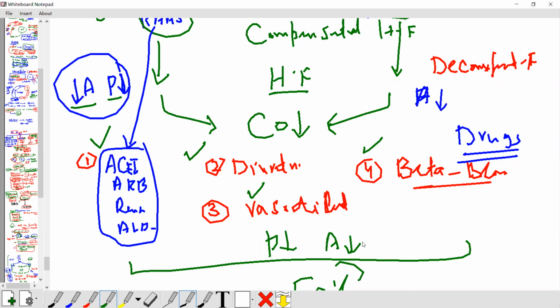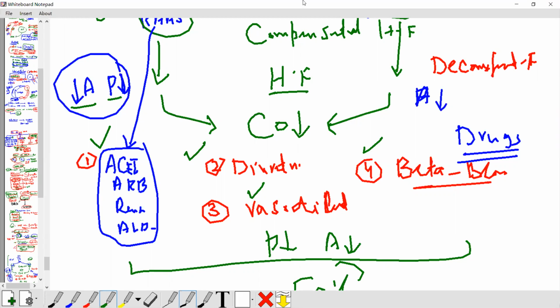For heart failure, you must start your therapy from RAS blockers. Then add diuretics, and you can add beta blockers and vasodilators. These 4 drugs are used first before going to inotropics. Clear? Inotropics must be used at last. Understand? It's all about heart failure.